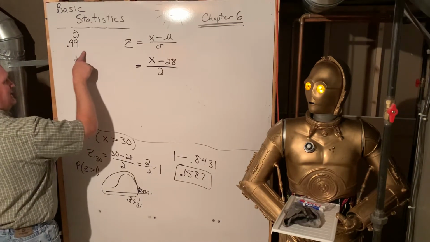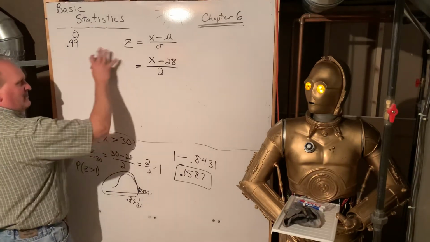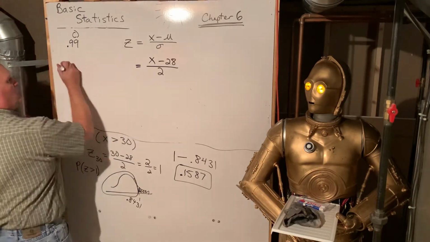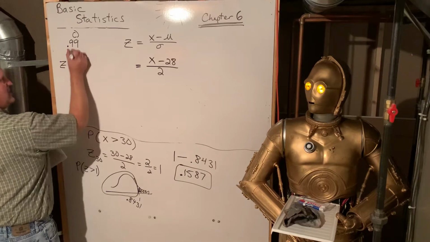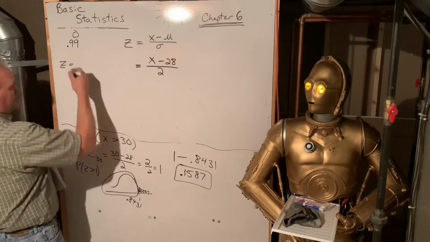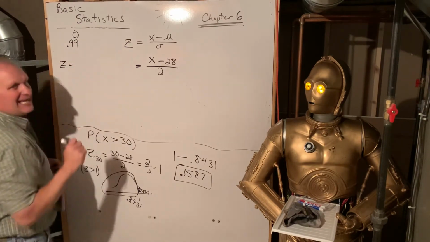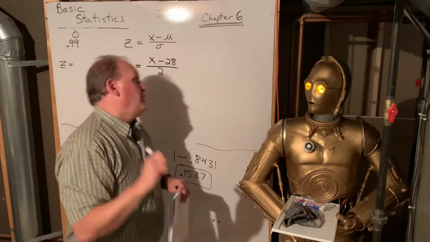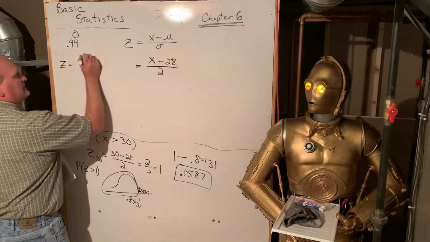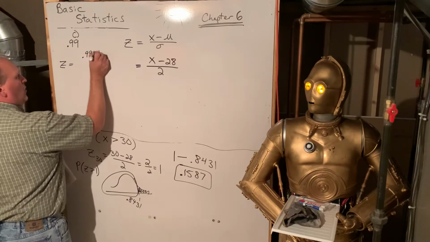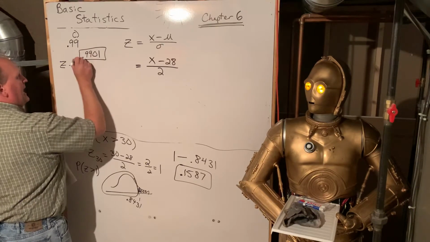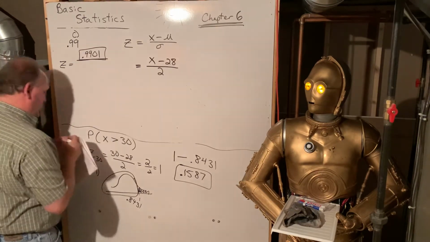We want to find 0.99 in the body of the chart and see what Z-score matches with 0.99. Well, since I've already done it, I know there's not exactly a 0.9900. There is a 0.9901. And that is close enough.